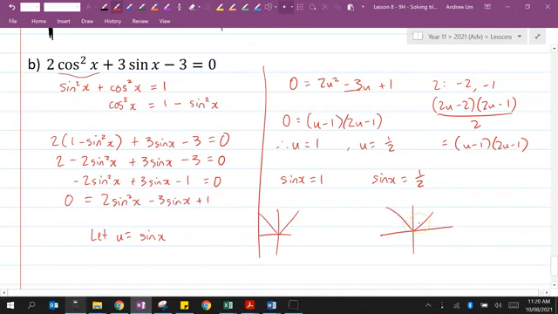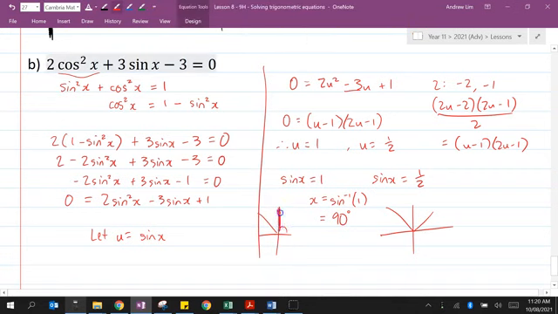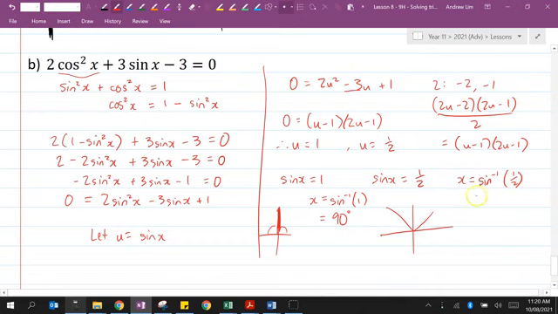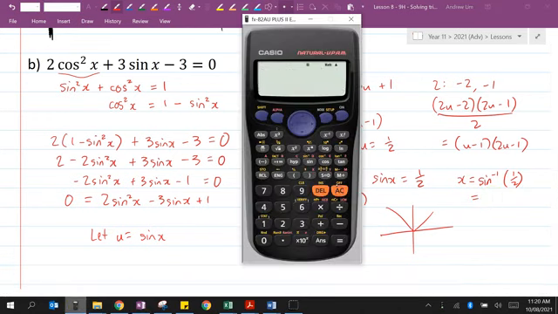Okay. So x is equal to the inverse sine of 1. That's going to give us 90 degrees. So it's going to push this over here, and it's going to push this one in the same place. It's just 90 degrees. When sine x is equal to half, x is equal to the inverse sine of half, which should be 30 degrees. Let's just double check that.